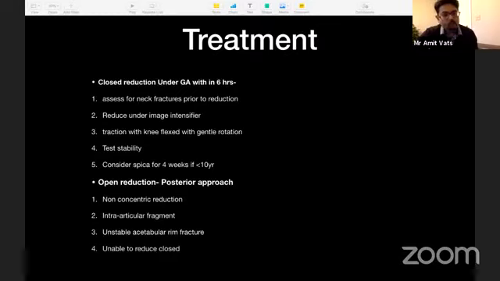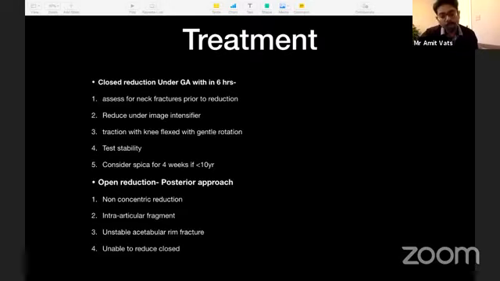Closed reduction under general anesthetic is preferably indicated at the earliest. There are studies which show that the risk of AVN goes higher if the reduction is performed more than 6 hours after the initial injury. Before the reduction, it is important to assess for neck fractures.